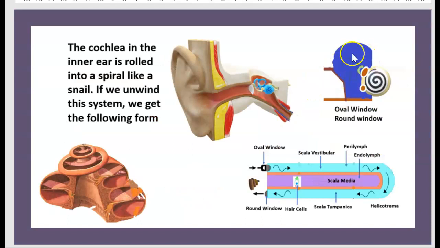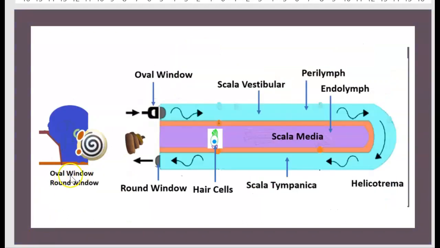Here is the middle ear, here is the oval window, here is the round window, and here is the cochlea. The cochlea in the inner ear is rolled into a spiral-like snail. If we unwind this system, we get the following form. Oval window, round window.